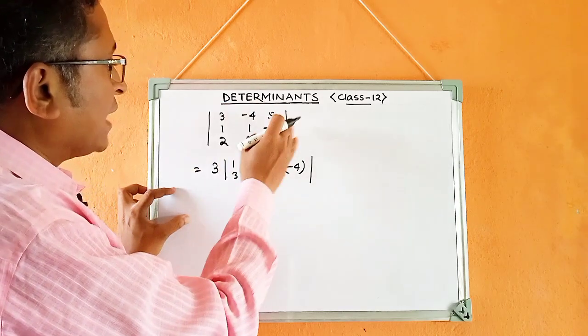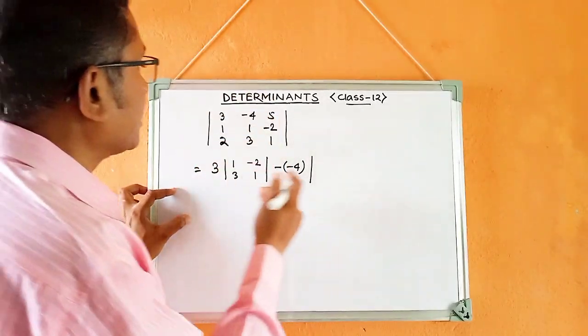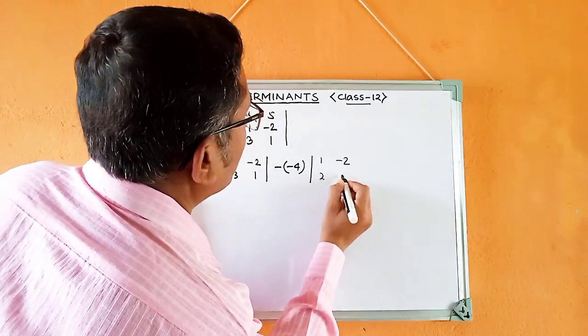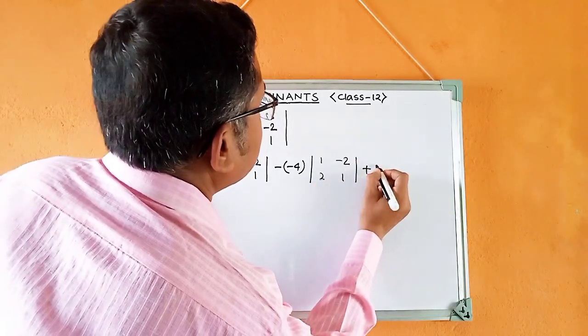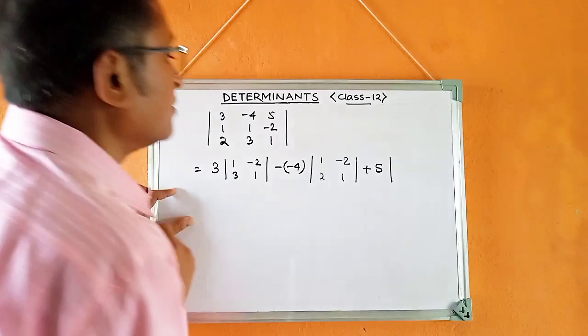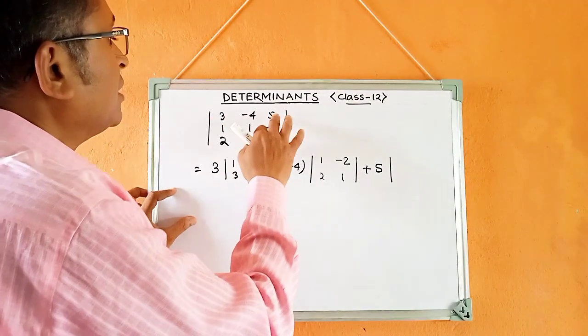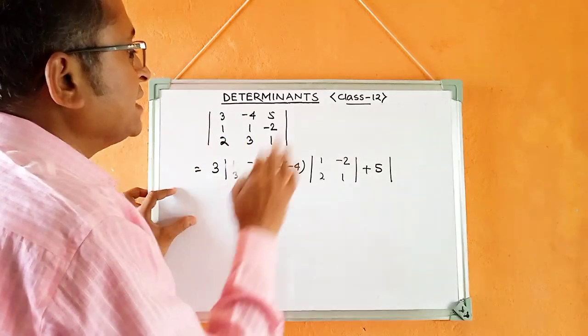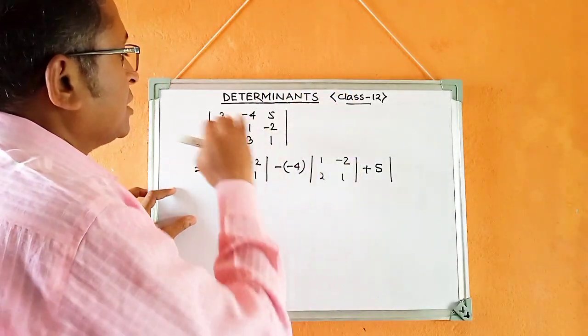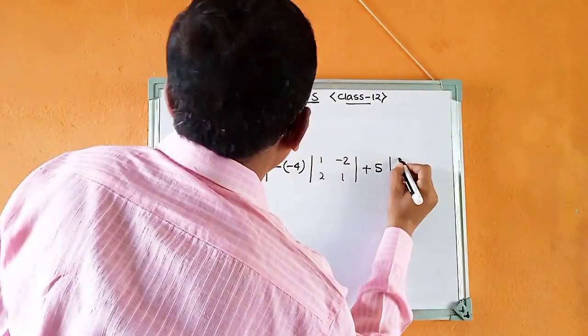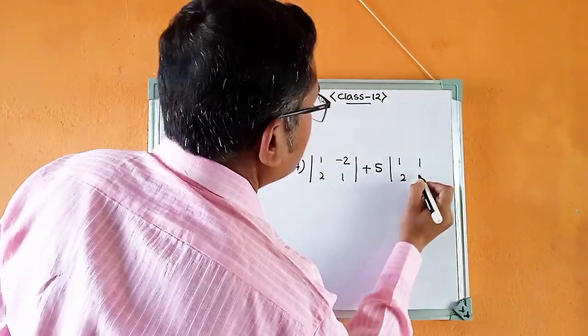So deleting the first row and second column, we get 1, minus 2, 2, 1. Okay, then plus 5 into the determinant. First is plus, then minus, then plus. This element is A13, so deleting the first row and third column, we get 1, 1, 2, 3.